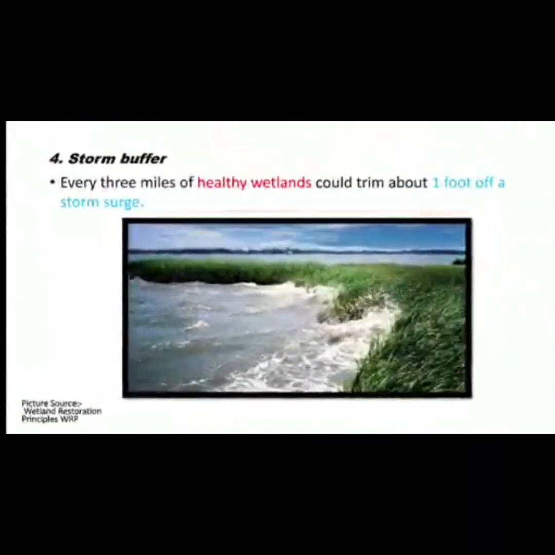Storm buffer. Wetlands function as a barrier to storms. Storms consist of high winds and bring a rise in the water level, threatening nearby human as well as animal habitats. But wetlands stand guard as barriers to storms and control them.